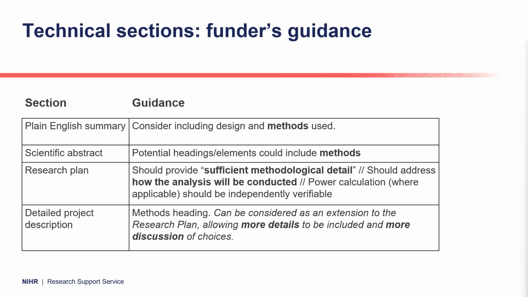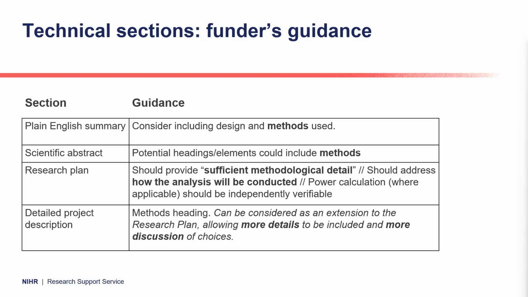In the research plan, you should provide, and this is in the guidance documents, sufficient methodological detail. It should address how the analysis will be conducted, for example, the power calculations where applicable, and these should be independently verifiable.